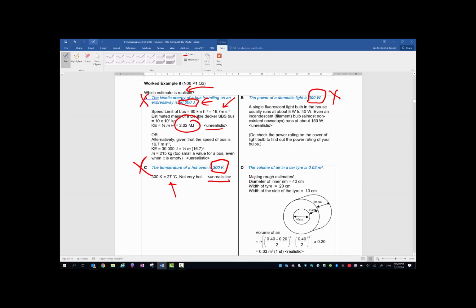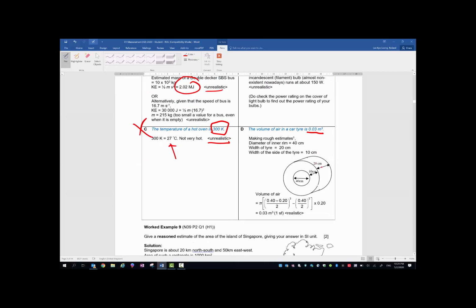So let's look at this. The volume of air in a car tire is 0.03 meter cube. Well, you just make a rough estimate. We estimate the dimensions of a car tire to be like that: a thickness of 10 cm, a width of 20 cm, and the space there is 40 cm.